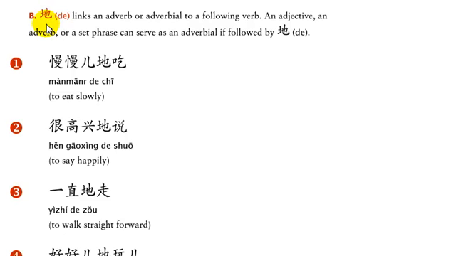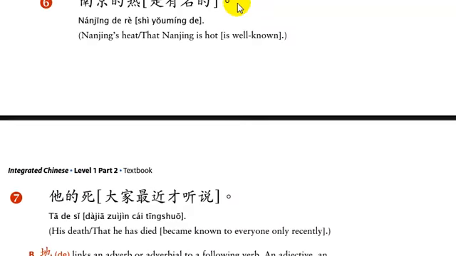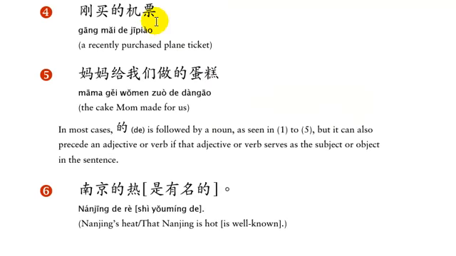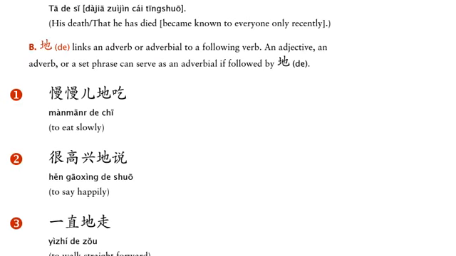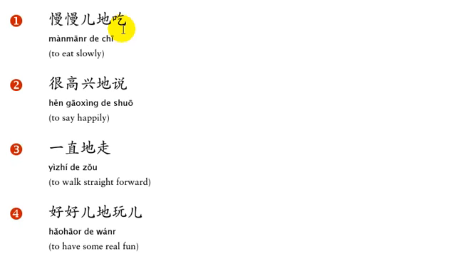This 地 here, okay, links an adverb or an adverbial to a following verb. So up above here, okay, you saw nouns. Okay, see, cake, ticket, bedroom. Okay, these are all nouns that are being modified. Now what you're going to see instead are verbs being modified. See, now we have eat and speak and walk or go and play.